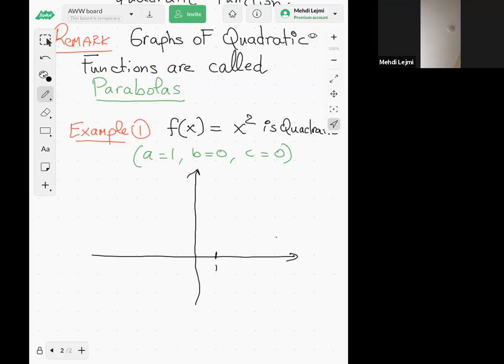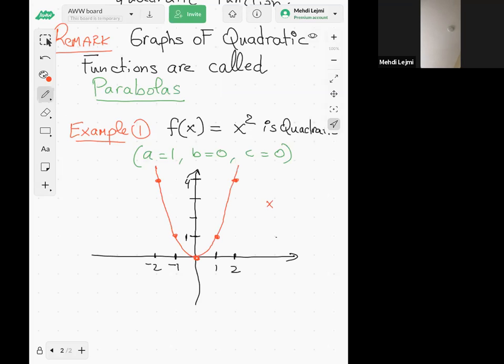So we mark negative 1, negative 2, and 1, 2, 3, and then 4. 0 squared is 0, 1 squared is 1, 2 squared is 4, negative 1 squared is positive 1, and negative 2 squared is 4. So this would be the graph of x squared.